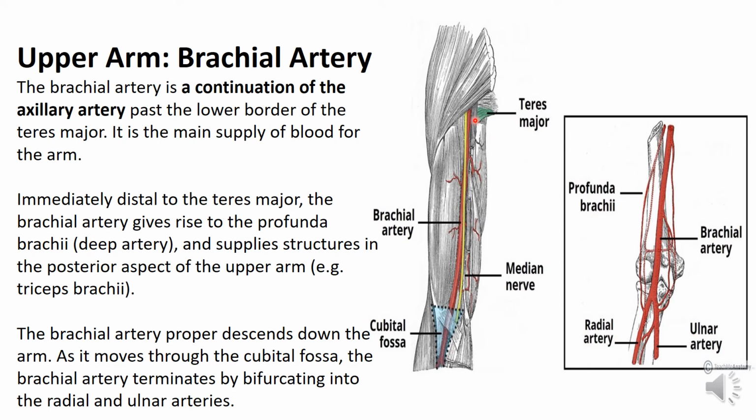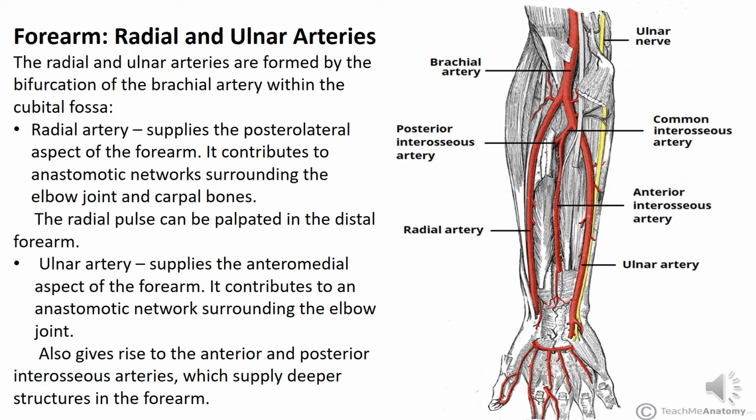So the brachial artery is a continuation of axillary artery at the lower border of teres major muscle. Then here it gives a branch called profunda brachii. It supplies posterior aspect of the upper arm. The brachial artery continues into the cubital fossa, where it bifurcates into radial and ulnar artery. Here you can see the arterial supply of the forearm, that is from radial and ulnar branches.